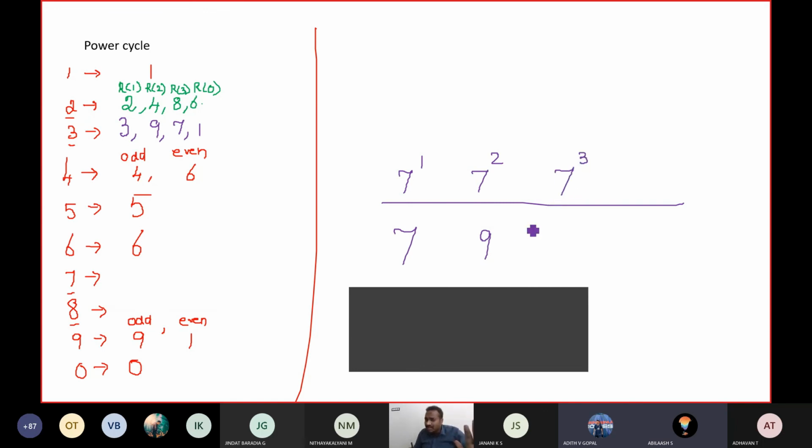You don't have to worry. Take the last digit and then multiply it with 7. 7 sevens are 49, 9. 9 into 7, 63, 3. 7 threes are 21, 1. 1 into 7, so 7 power 5 will again end in 7.